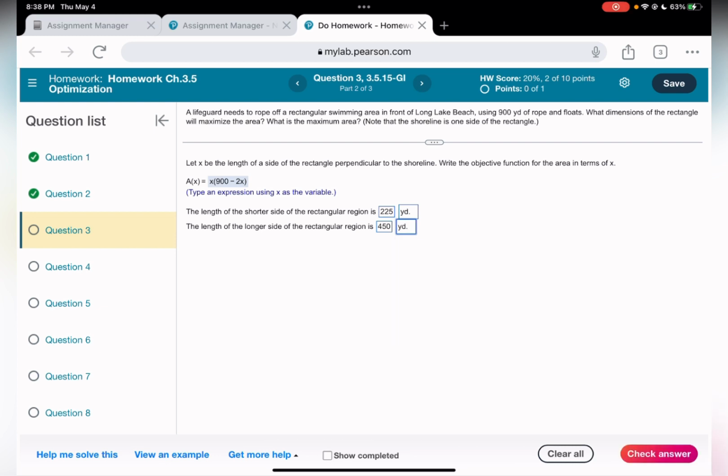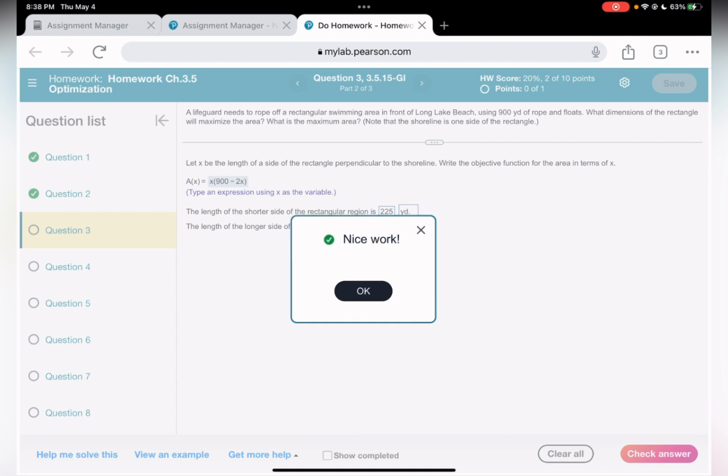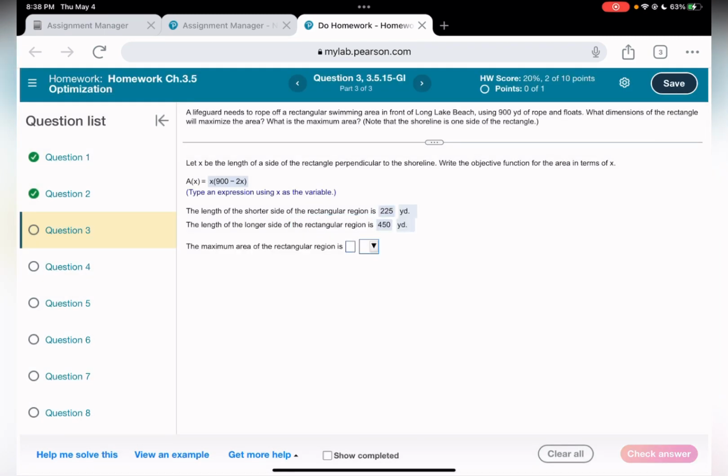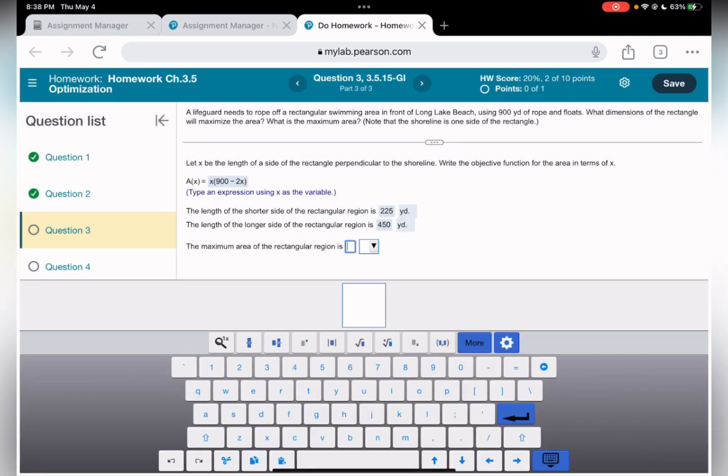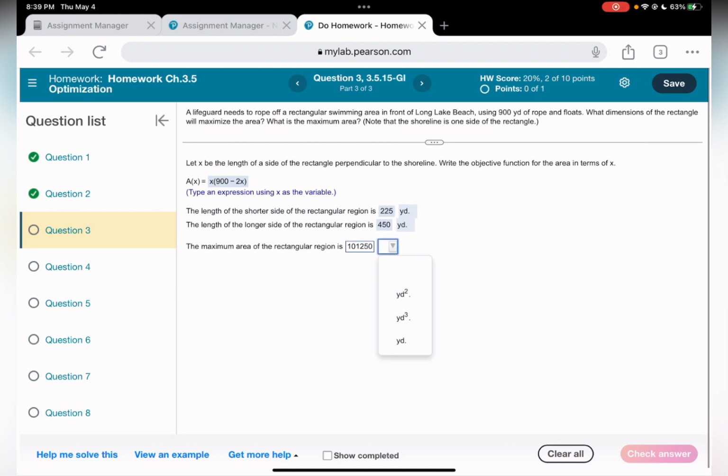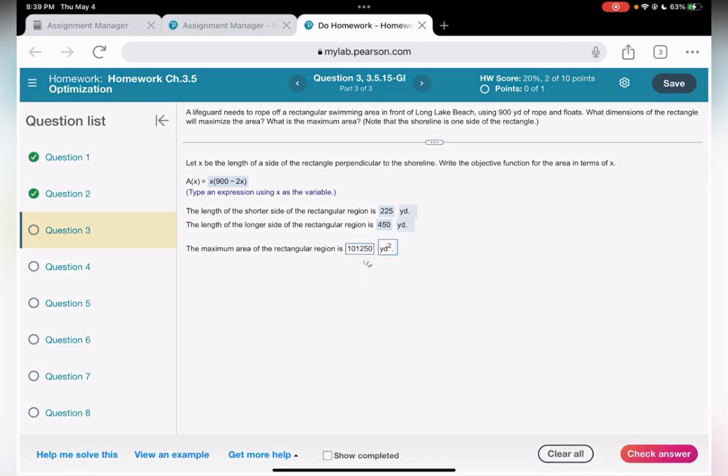I was wondering where is yards. I'm looking at yards squared. How can length be yards squared? Okay, and the answer, 101,250. And this one, since it's area, it's supposed to be yards squared. Here it is.